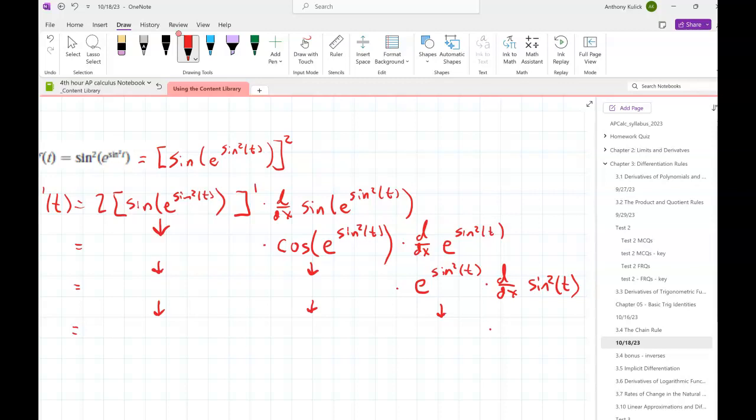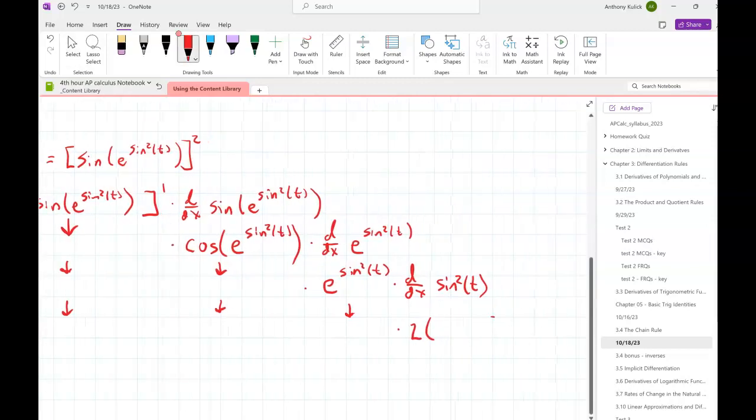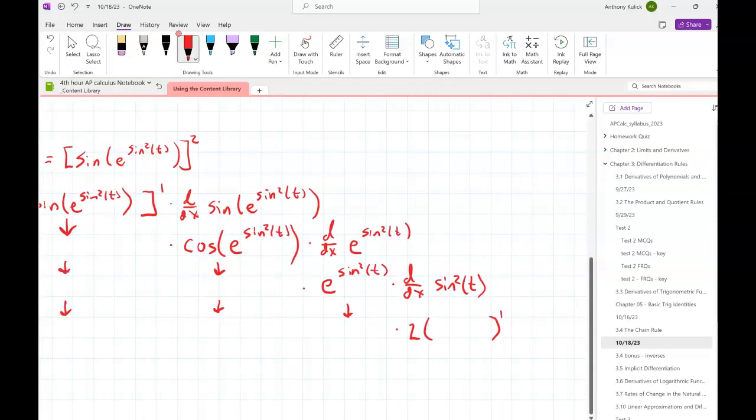The outermost function on sine squared t is x squared. So that's 2 times something to the first, and that something is sine t, and then times the derivative of sine. Oh my goodness, guys. All right, that's fine.